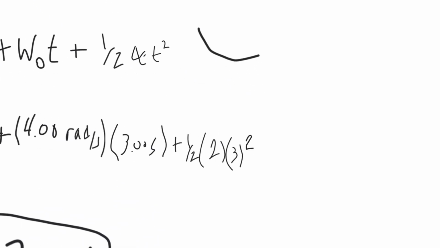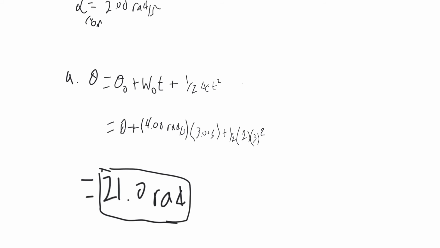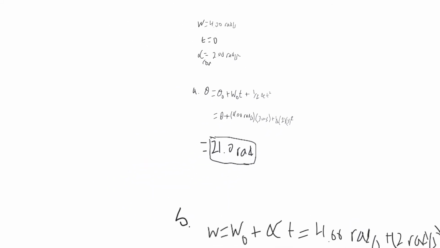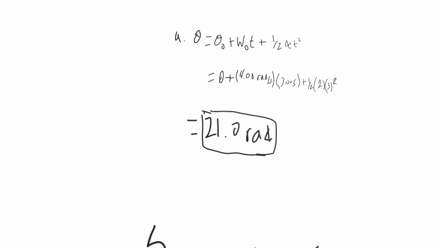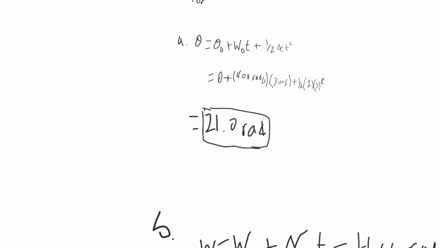Let me just erase this part. Okay, and then you do all that and you should get 21 radians, and that is the angle that we're looking for at 3 seconds, 21 radians, right?